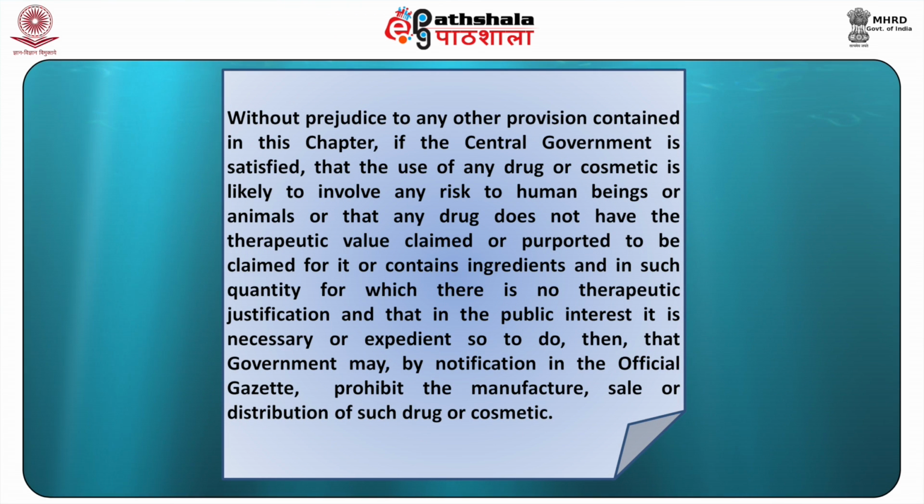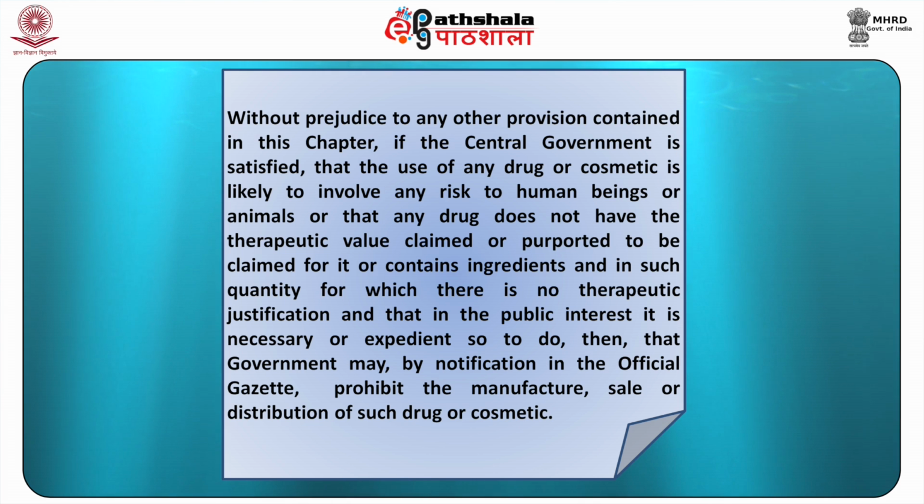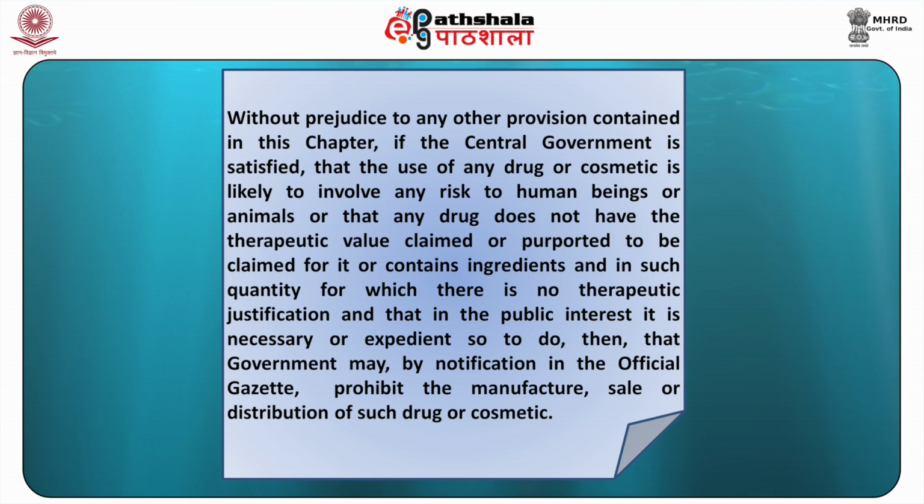According to section 26A, without prejudice to any other provision contained in this chapter, if the central government is satisfied that the use of any drug or cosmetic is likely to involve any risk to the human beings or animals, or that any drug does not have the therapeutic value as claimed or purported to be claimed for, or it contains ingredients and in such quantity for which there is no therapeutic justification, and that in the public interest it is necessary or expedient so to do, then the government may by notification in the official gazette prohibit the manufacture, sale or distribution of such drug or cosmetic.